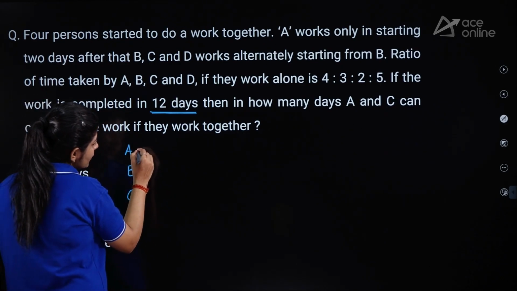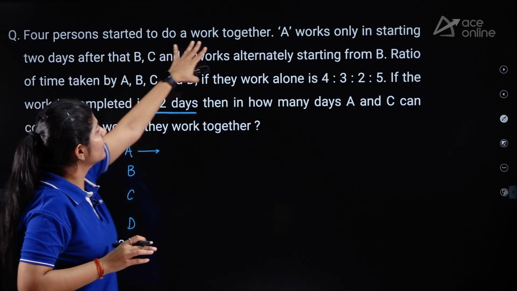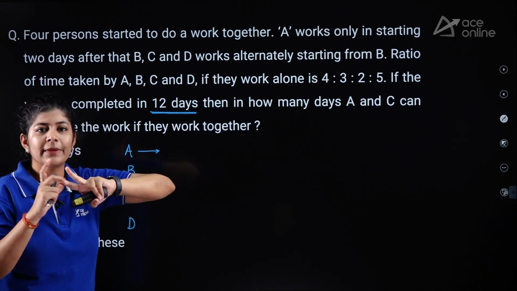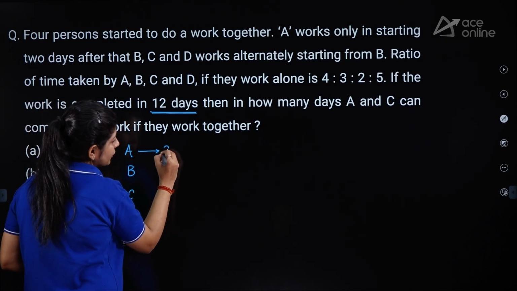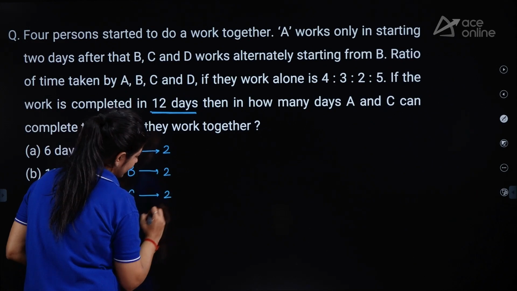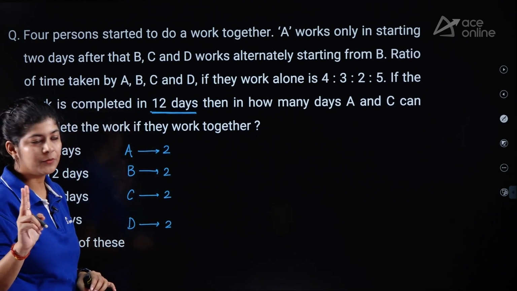Okay. So they started to work together. For the very starting 2 days, all of them, A, B, C, D, are working. So 2 days, here we are writing days, right? They work together. But after 2 days, A left the work, right?